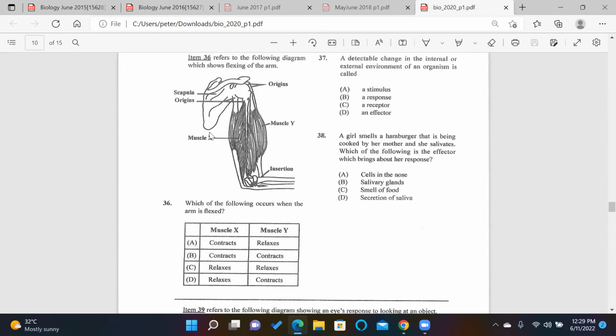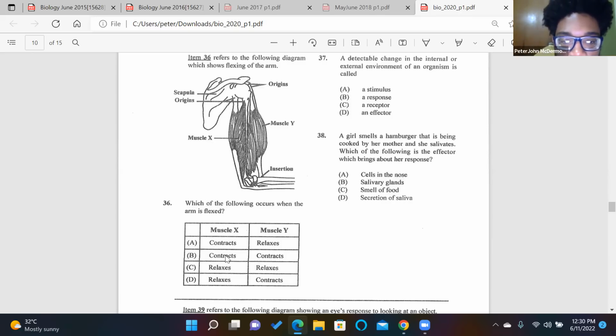Which of the following occurs when the arm is flexed? All right, so let's look here. This is what we're seeing here. Seeing what? A biceps, a triceps, brachialis, something there. All right, so what are you seeing? When the arm is flexed. So when the arm is flexed, you can literally flex your own arm. Flexing, decreasing the angle, extension, increasing the angle. So you can flex your own arm and just feel your own muscles.